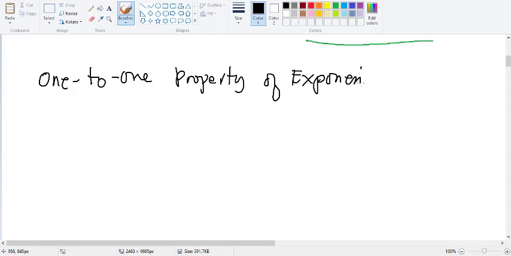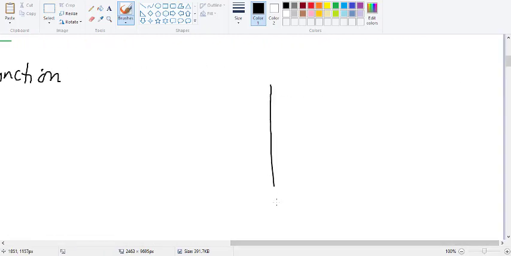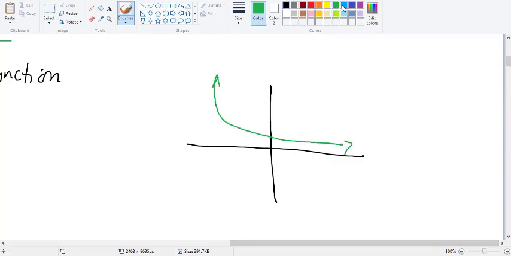Because remember, earlier we said, I'm sorry, I think I forgot to mention earlier that exponential functions actually pass the horizontal line test. Right? For example, here is our graph. If we draw a horizontal line, it will intersect at one point only. So, it passes the horizontal line test.